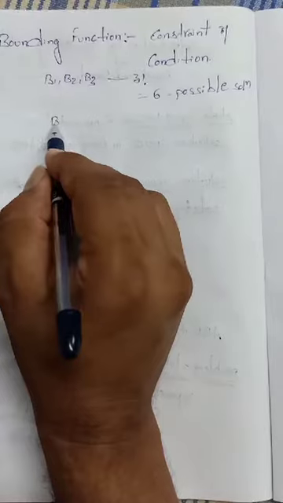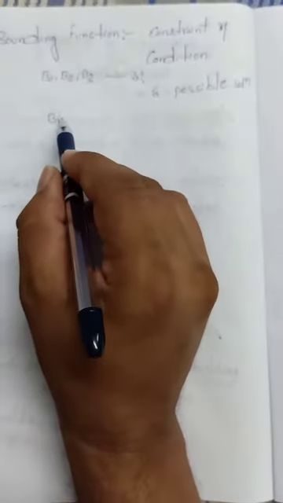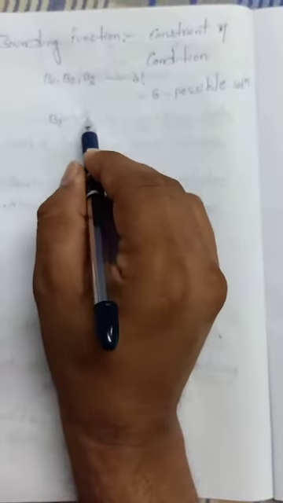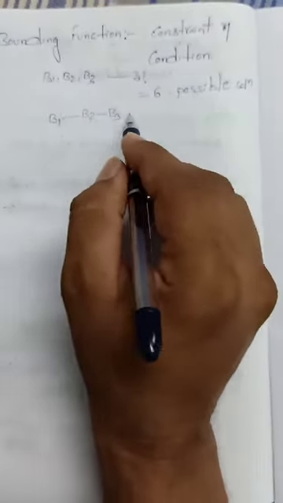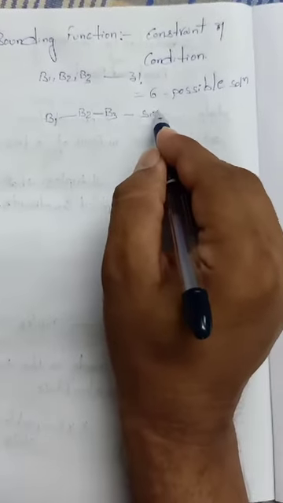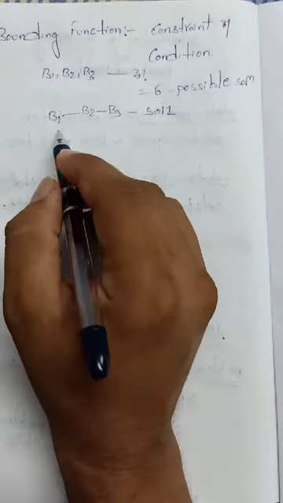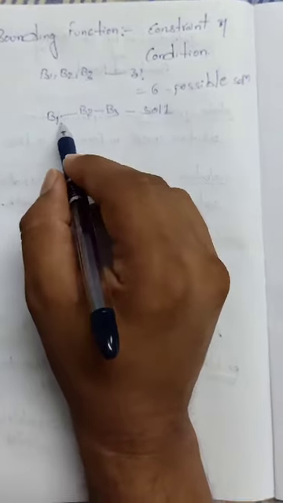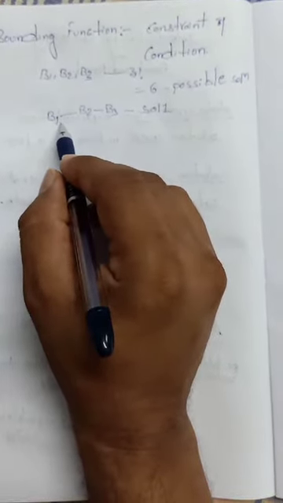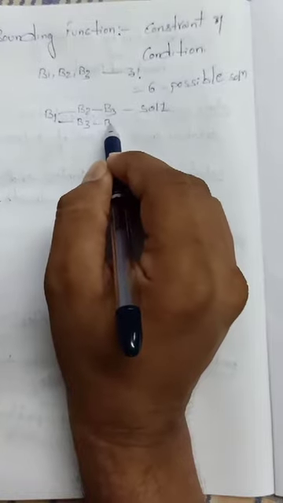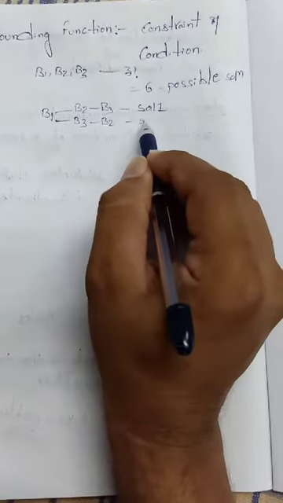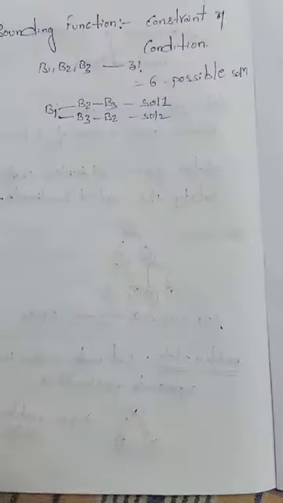If I start with boy 1, after boy 1 I can seat boy 2, then boy 3. This is solution 1. Next, after B1 I seat B3 and then B2. This is solution 2. So far I have 2 solutions.